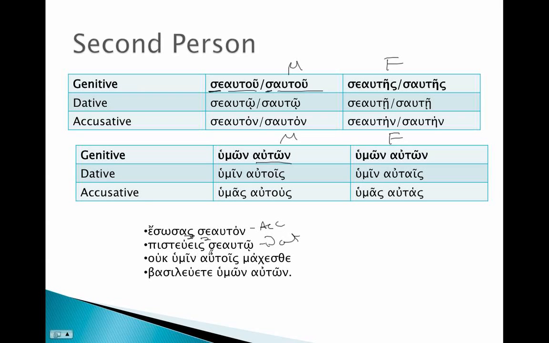Or ouk humin autois machesthe, you are not fighting yourselves. Dative. And because it's plural, we've got that compound form. Or basileúete, plural. So we're going to go plural reflexive if we have the reflexive. Humōn autōn, you are kings of yourselves.